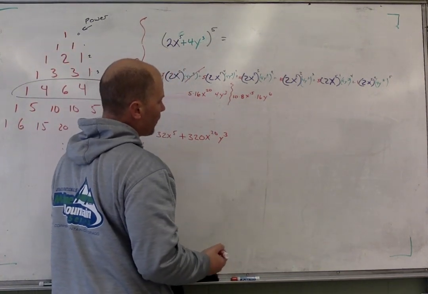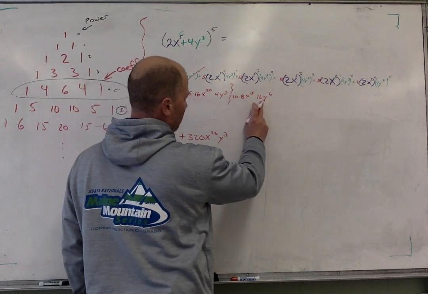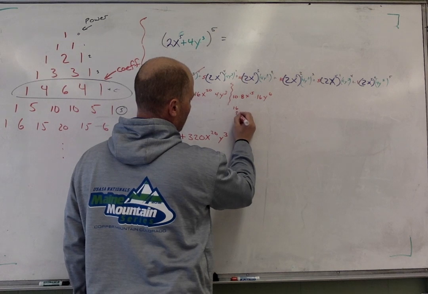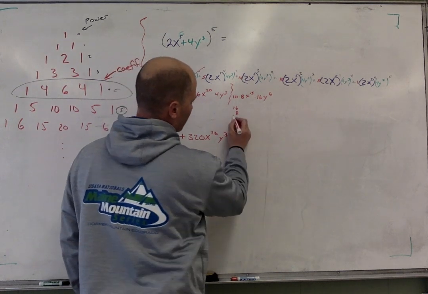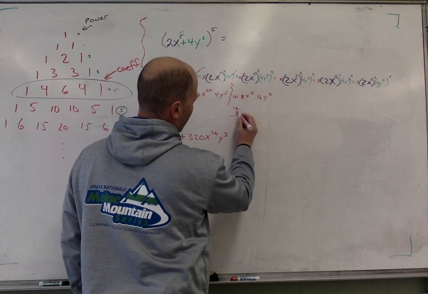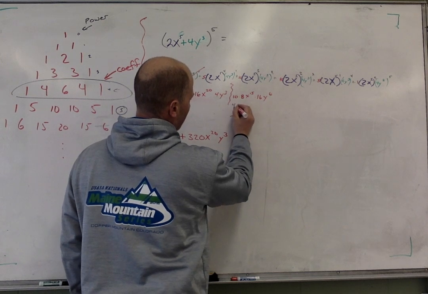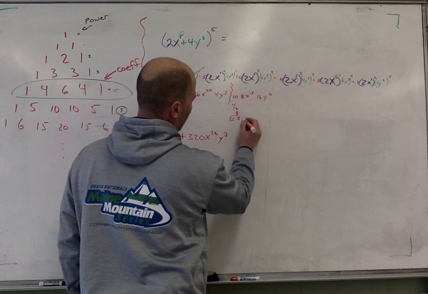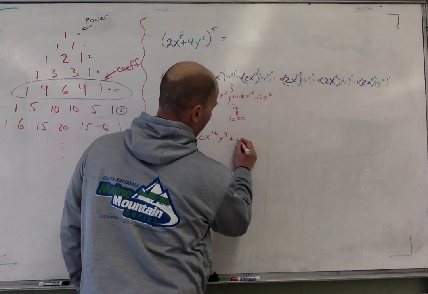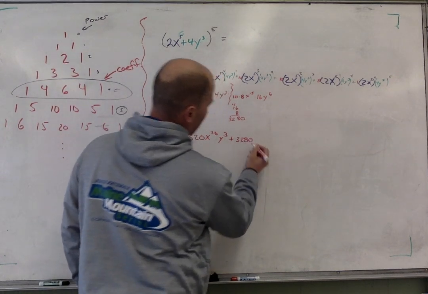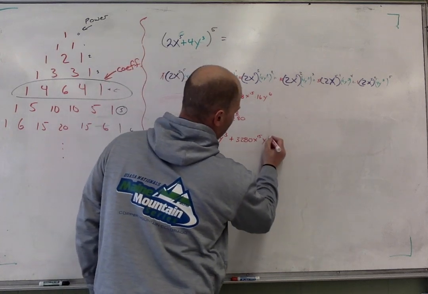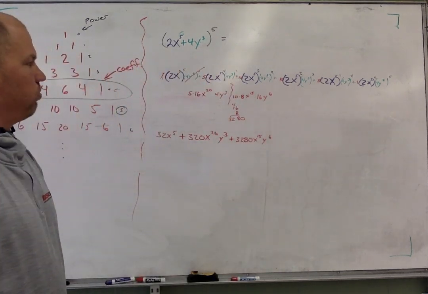I really don't want to do it, but this is 80 times 16. Please forgive me if I'm making mistakes. 3,280. So this is going to be plus 3,280 x to the 15th, y to the 6th. Whew.